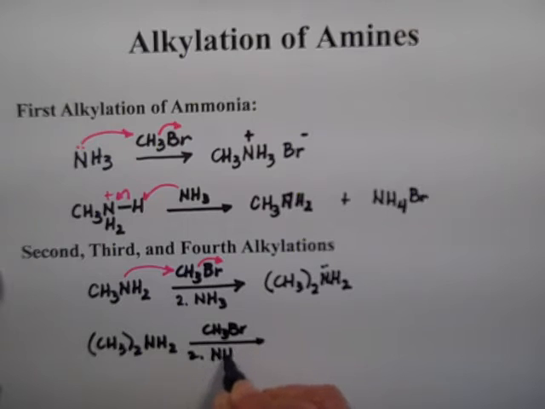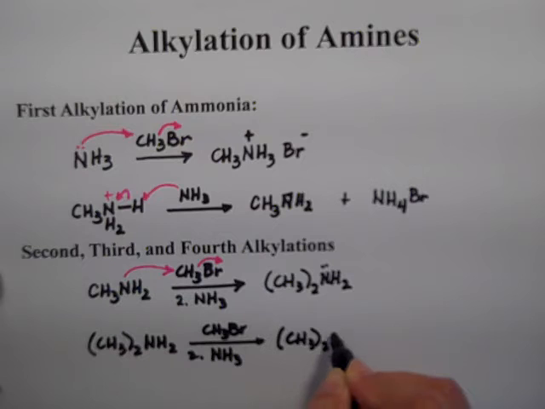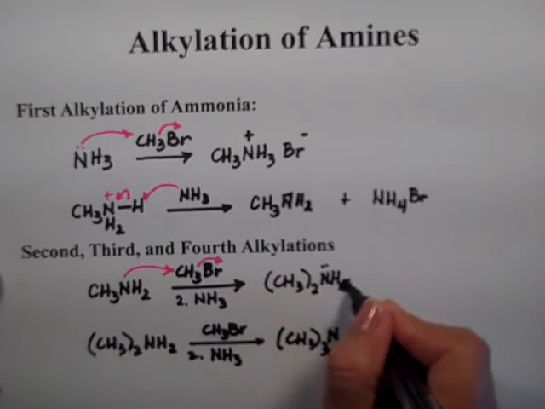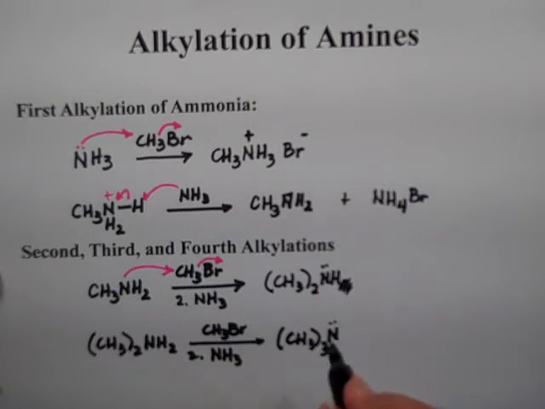And you can imagine what's going to happen, because now I have a tertiary amine, and the tertiary amine, we have 3, and that should be just 1. I apologize for that mistake. And the tertiary amine, again, is more nucleophilic, so it picks up a 4th methyl.